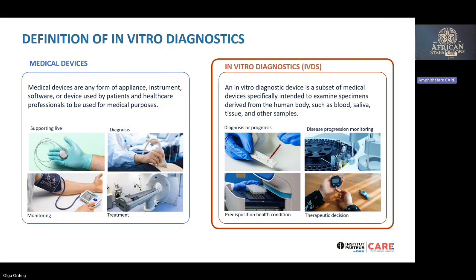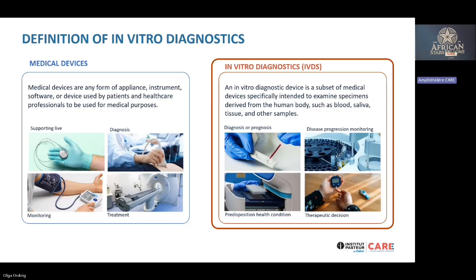The difference between in vitro diagnostics and medical devices is that in vitro diagnostics are never in direct contact with the human body. In vitro means in glass. So basically we take the sample outside of the body and then we do the assessment.